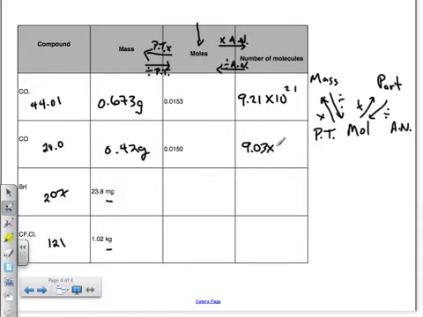Multiplying moles times Avogadro's number. All right, now before I can do anything with the numbers given to me in these last two rows, I need to convert them to grams.